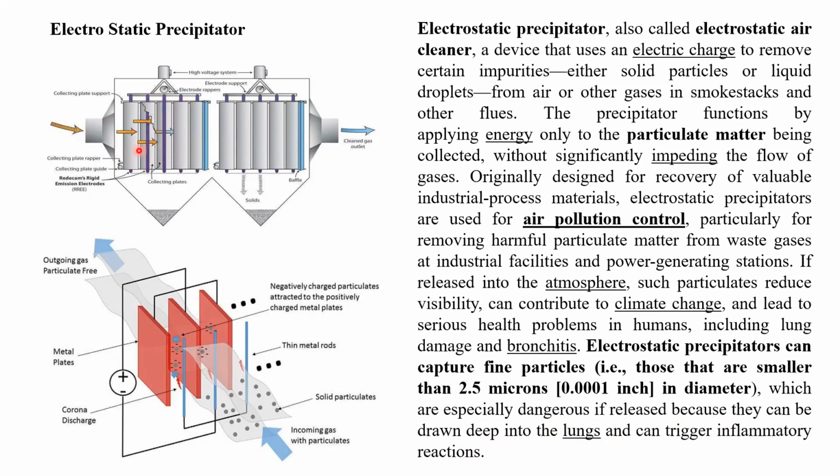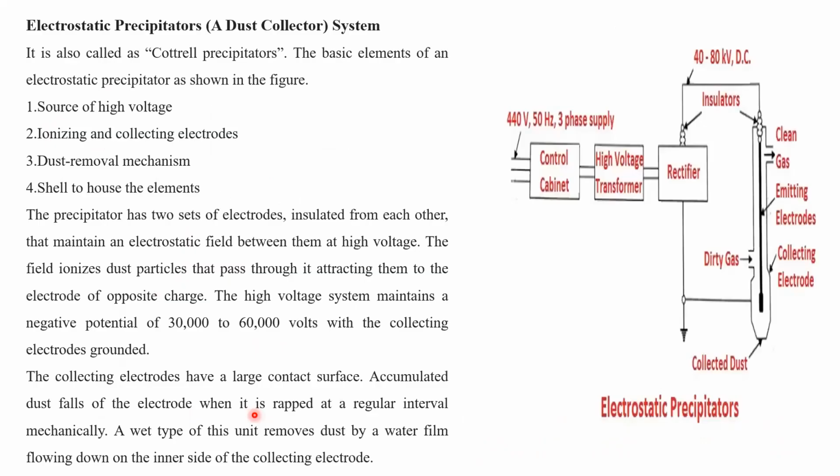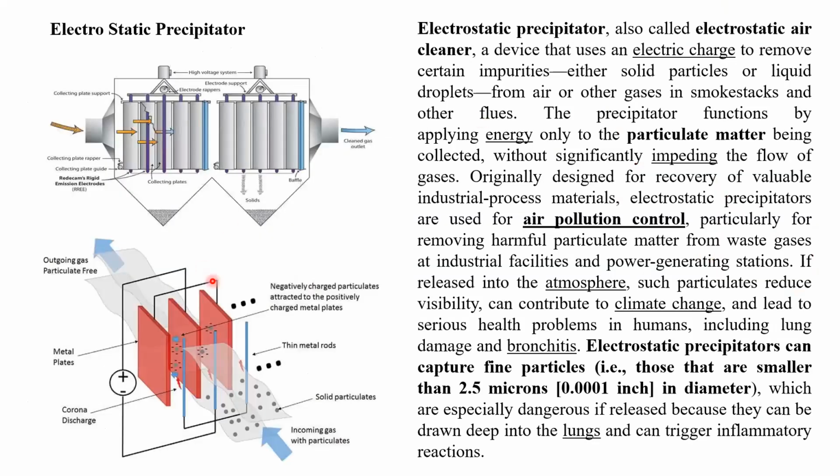These collectors, series of electrodes and collector plates are inside this electrostatic precipitator. An electric field is produced with the help of 40 to 80 kilovolt DC transformers inside this, so that an electrostatic field is created inside, due to which the fly ash flowing along with the exhaust gas gets ionized, and the negatively charged particles are attracted toward the positive collector plates, and the positively charged ions flow to the emitters, like that.